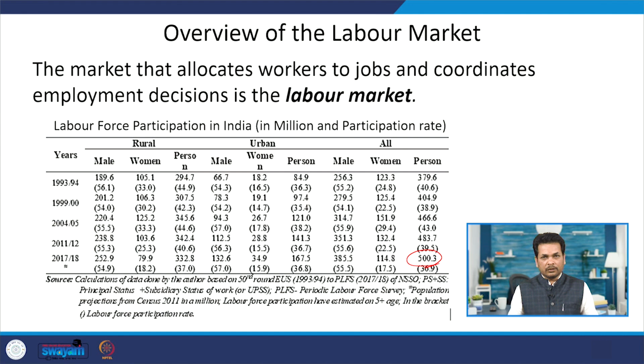And when we look at the distribution between male and female, roughly more than 380 million men and 114 million women are in the labor force. You can see the rural and urban distribution, and again the rural and urban distribution between male and female, so that you can have an idea of what the size of the labor market is and how it is distributed.